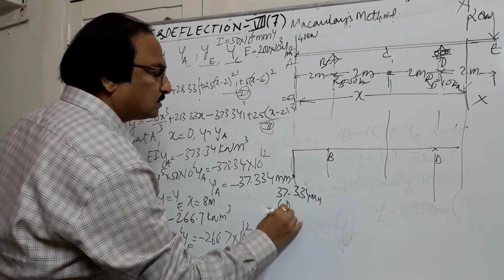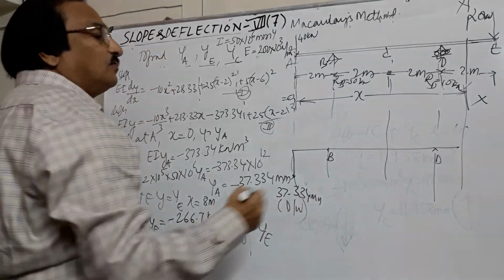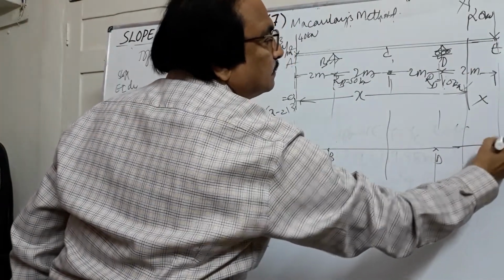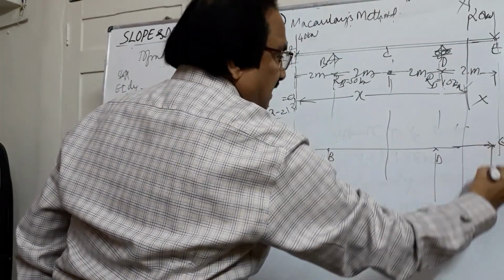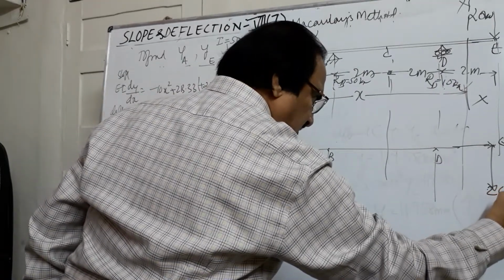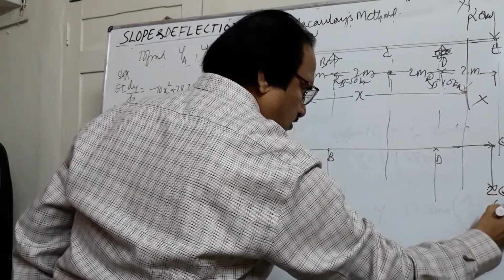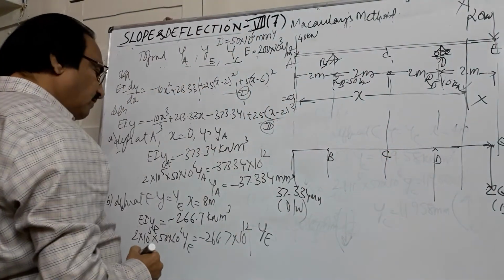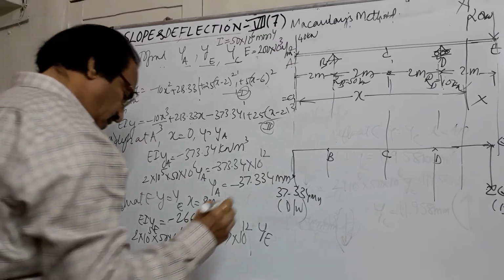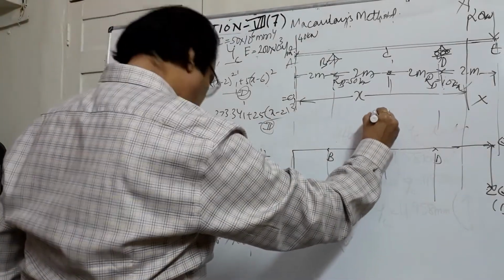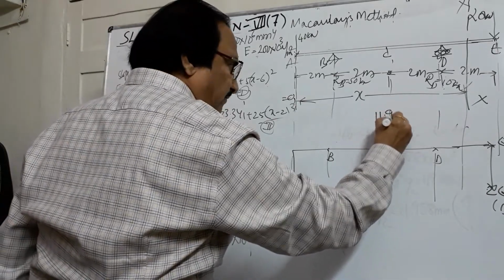We have seen at the point E, the deflection is again downwards, and this deflection is 26.67 mm. At C, the deflection is positive, which means it will go up, and this point is 11.958 mm.